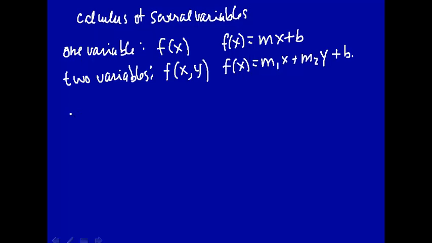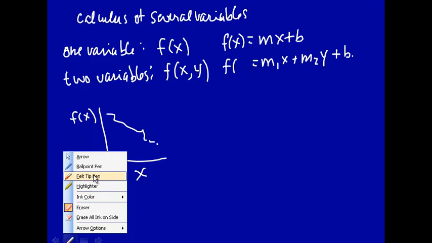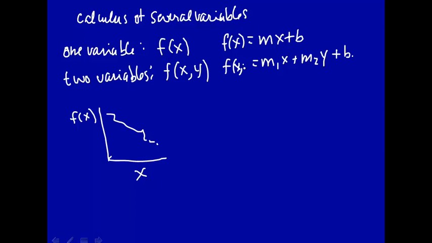If we just plot f of x on a graph versus x, depending what function it is, we'll get something like that. If we try to plot f of x and y, a function of two variables, we'll actually need three dimensions.